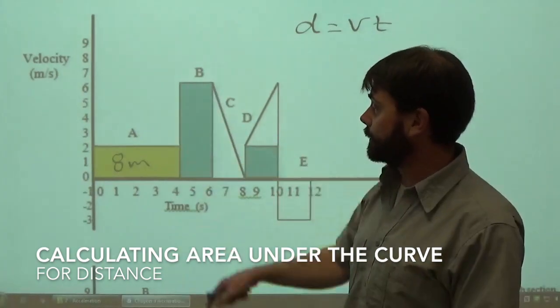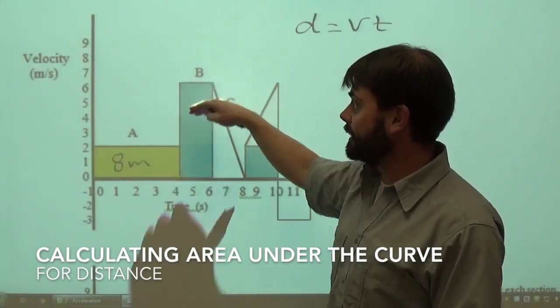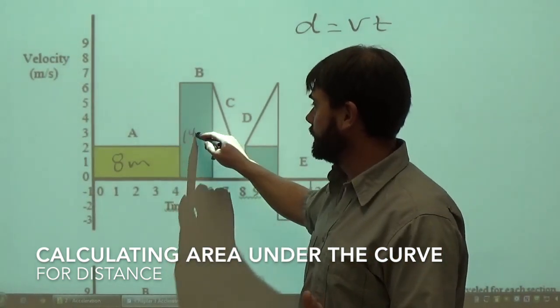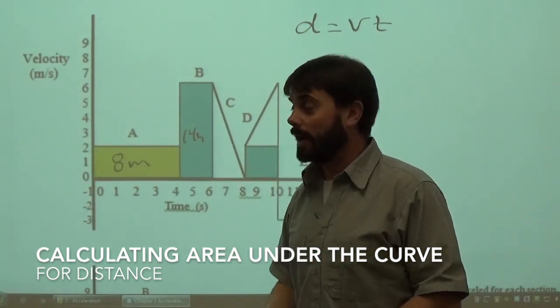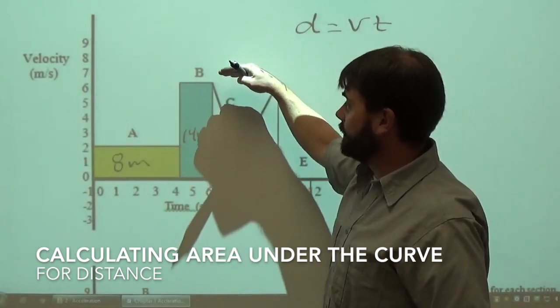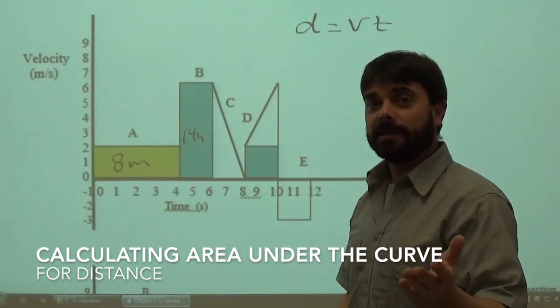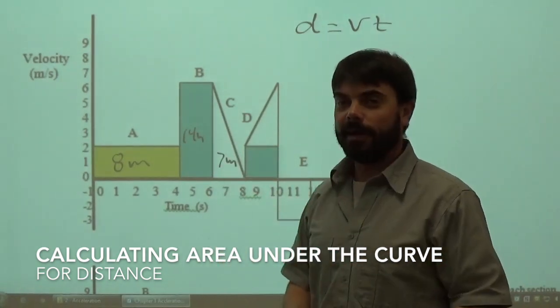Same idea for this vertical line. We got another 2 meters. They're traveling at 7 meters per second, so you can multiply 2 by 7 and you can get 14. When you have angles, you just have to use a little bit of geometry. If this was another 2 seconds at 7 meters per second, and you got a line cutting across it, it basically cuts that distance in half. So this would be equal to 7 meters, and so on.